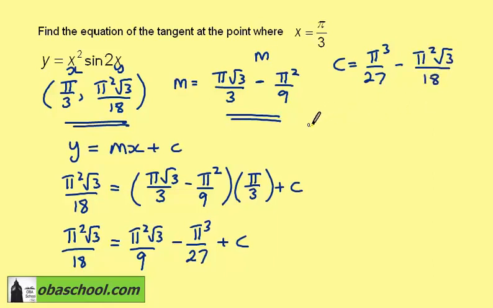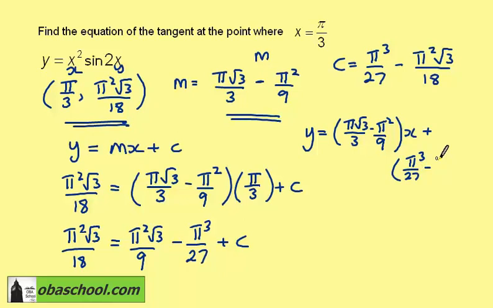So we have m and c, so our straight line is y is equal to (π root 3 over 3, take away π squared over 9) times x, plus π cubed over 27, take away π squared root 3 over 18.